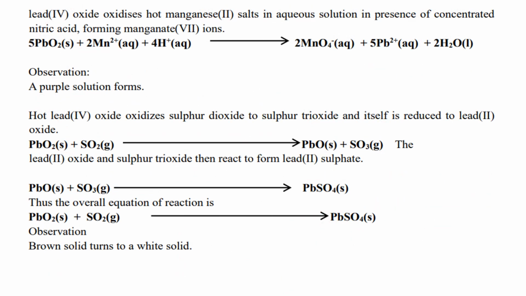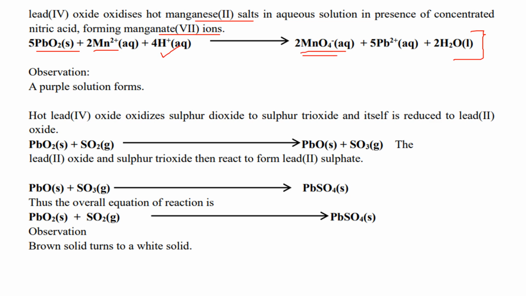Now looking at lead oxide, you are going to be saying that lead oxide oxidizes manganese salts in aqueous solution in presence of concentrated nitric acid, forming manganese 7 ions. So this is a confirmation for presence of manganese 2 ions in the practicals, and it's highly examinable under theory, especially mock bodies. So lead oxide, which is a brown solid, oxidizes manganese 2 ions in presence of an acid, forming manganese 7 ions.